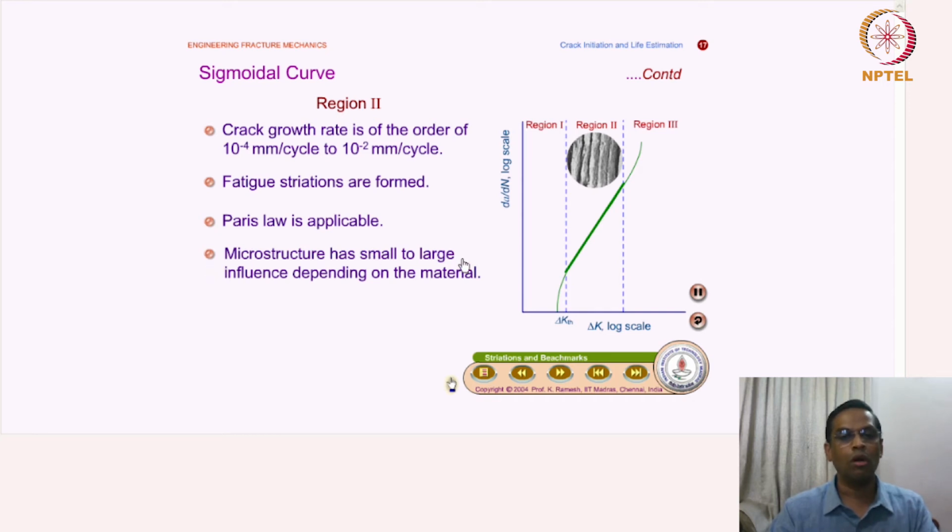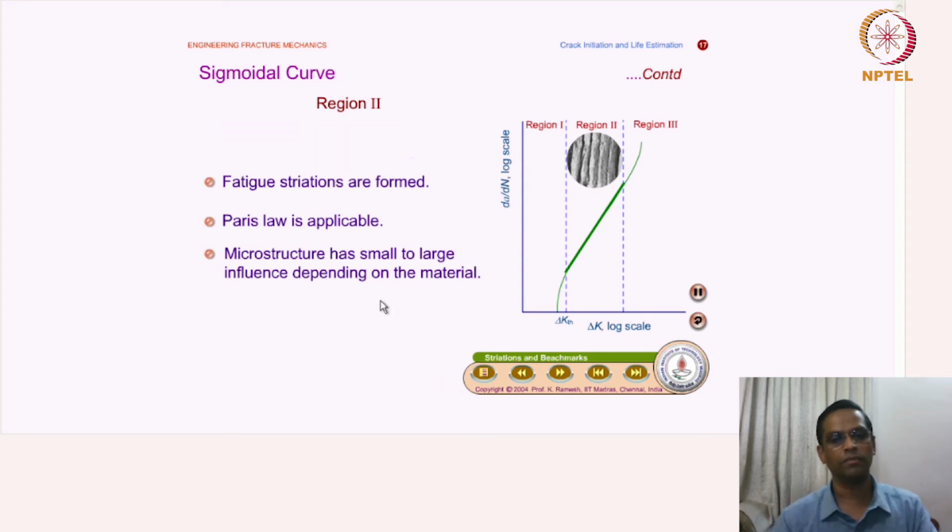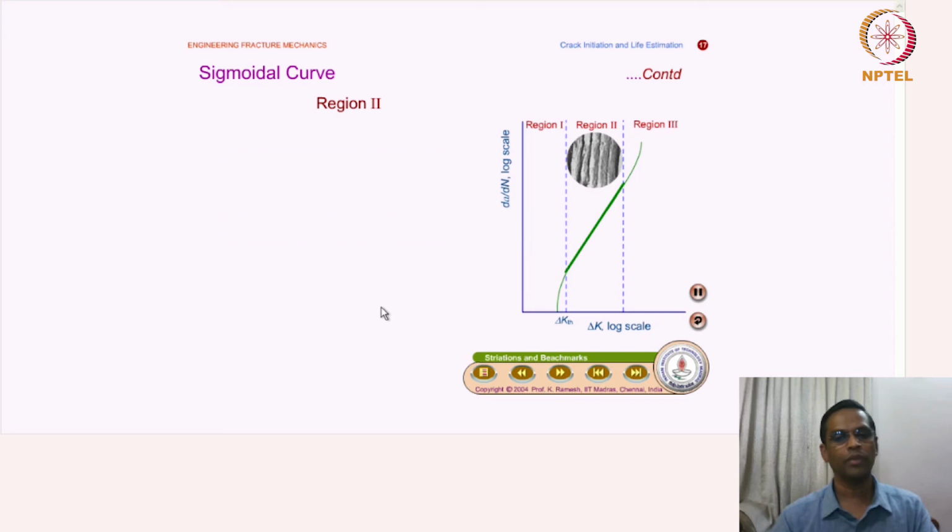Microstructure has a small to large influence depending upon the material. So you cannot say that microstructure does not have any role to play. We cannot say that. But depending upon the material, it has either a small or a large influence. That's what we have to understand.